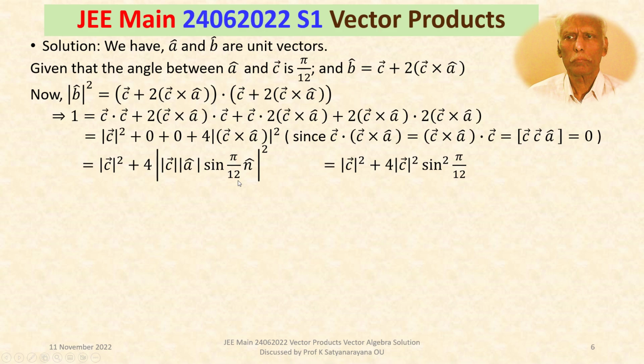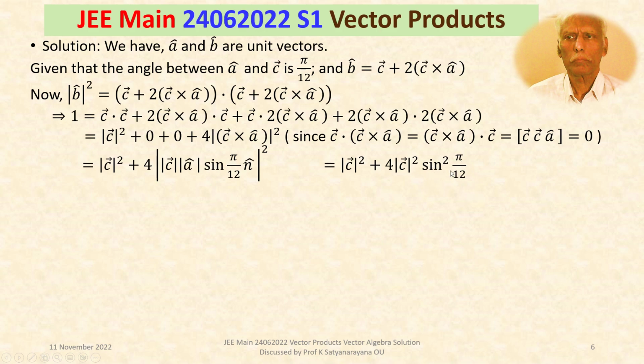If you take the mod square, n hat dot n hat will be 1, and you will get mod C square plus 4 times mod C square, because you are taking the square here, and mod A is a unit vector, mod A is 1, and n bar is also a unit vector, mod of that is also 1, and sine square pi by 12.